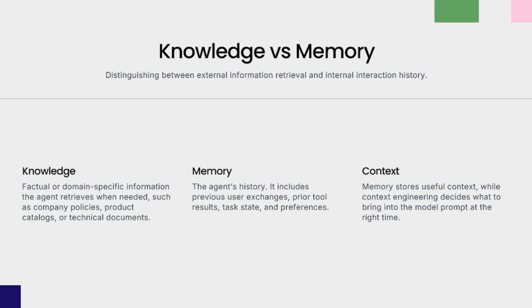Memory: the agent history. It includes previous user exchanges, prior results, task state, and preferences. So memory is the history of what the agent has done in the past, and how it does them. So the history of the responses it has generated, the problems it has solved, the steps it has taken. Those are the memory.